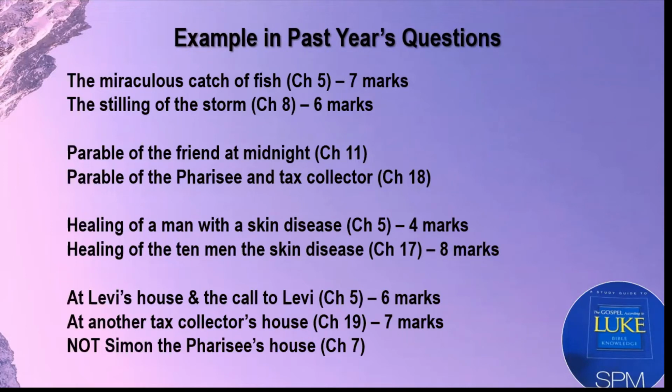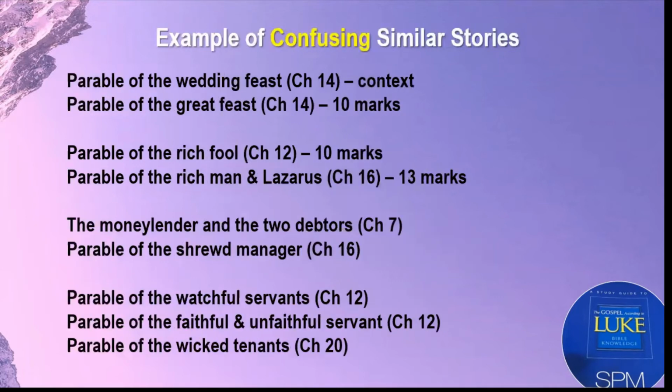So you notice that sometimes our brain cannot remember stories distinctively from the other story, and it begins to mess up 2 stories and merge them into the same story. So to avoid that, when you look at all these similar passages side by side, you are able to avoid and overcome some of these confusing similar stories.